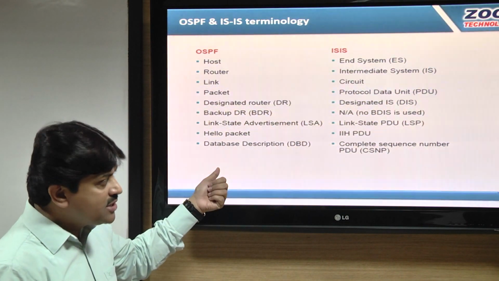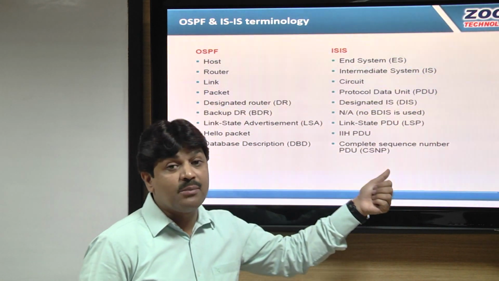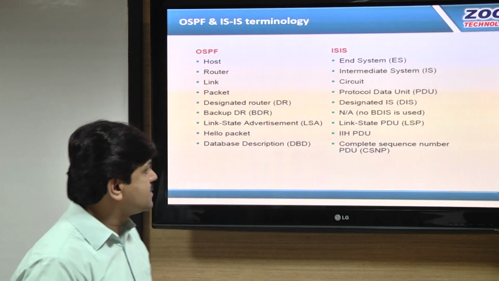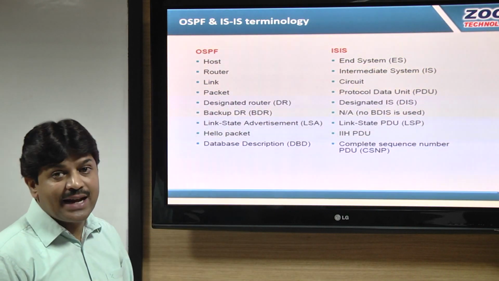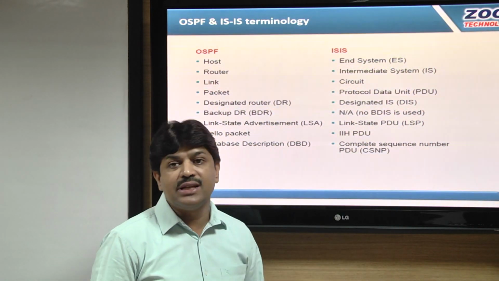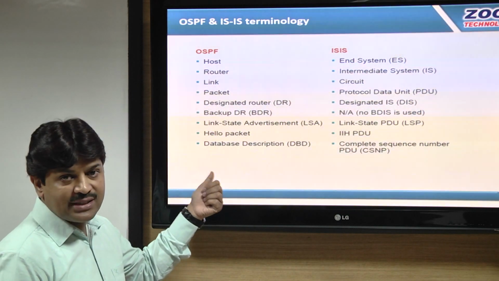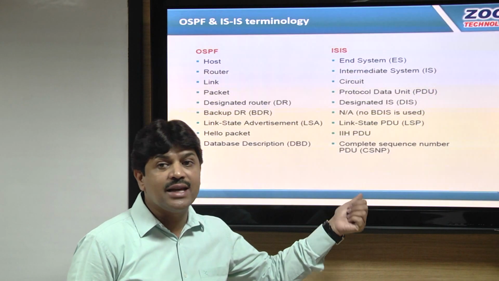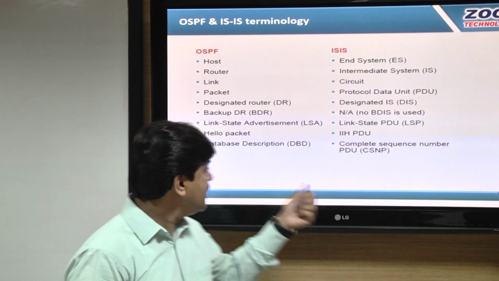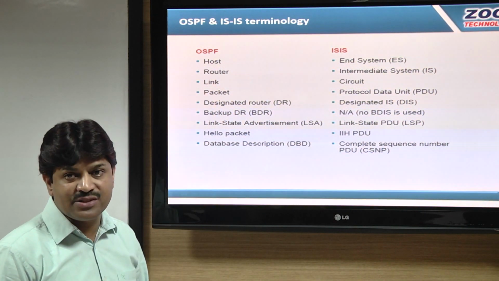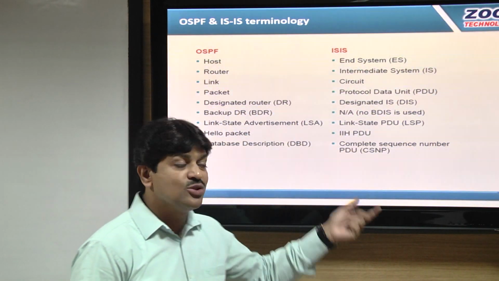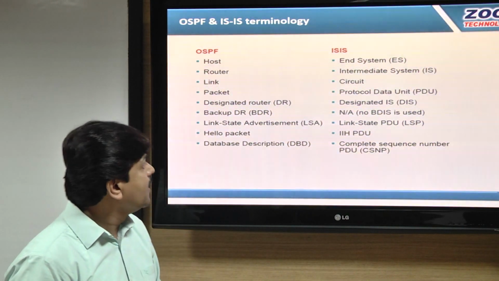There is no backup designated router in ISIS. Instead of link state advertisement, it uses link state PDU. Instead of the hello packet, it uses the ISIS hello PDU. Instead of the database description, DBD, it uses the complete sequence number PDU.